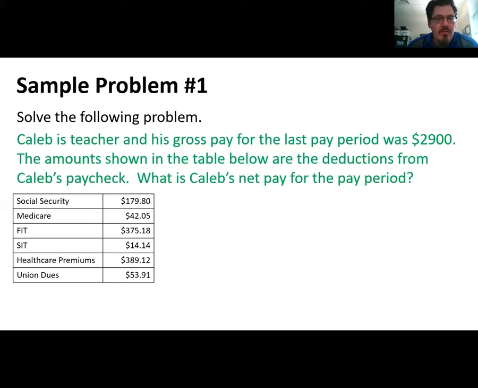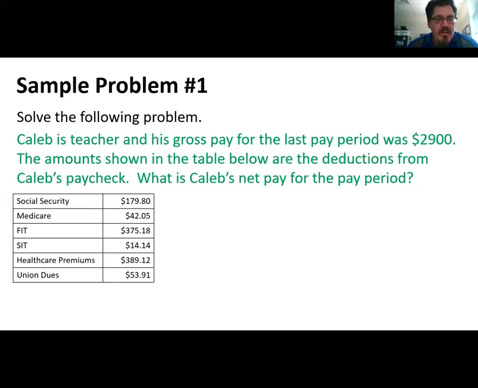A lot of times if you have a spouse or kids, you have to pay additional to get that coverage for your family. It just depends on what's been negotiated by your company and how they set things up. So in this case, Caleb has some healthcare premiums that are being deducted from his paycheck.